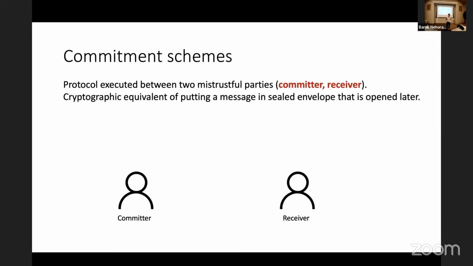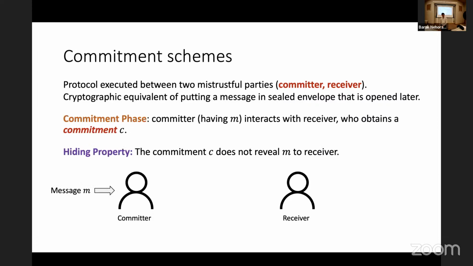A commitment scheme is a concept that comes from even classical cryptography. It's a protocol executed between two parties that don't necessarily trust each other, so let's call them committer and receiver. It's the cryptographic equivalent of putting a message in a sealed envelope that's opened later. So there are two phases to a commitment scheme.